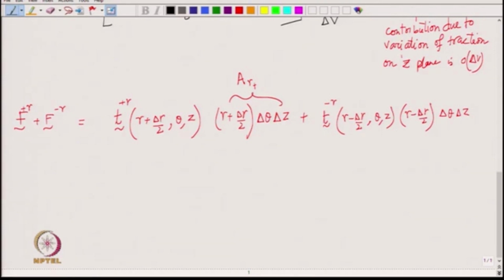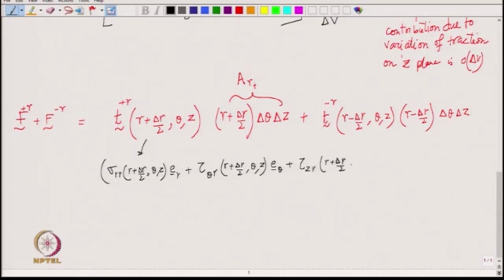So, t plus r, when you expand it, so this is sigma_rr at small r plus delta r by 2 comma theta comma z into e_r. And you see, since here only the r coordinate is changing, e_r again is what it is at the center of the cylindrical element, okay, plus tau_theta r at small r plus delta r by 2 comma theta comma z into e_theta plus tau_zr at small r plus delta r by 2 comma theta comma z into e_z.